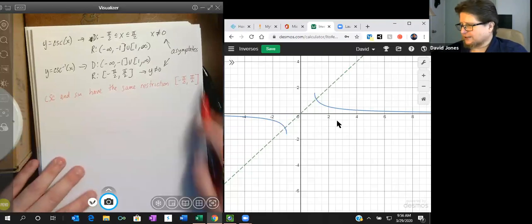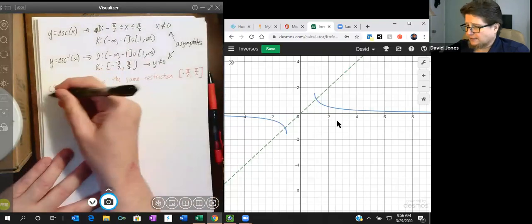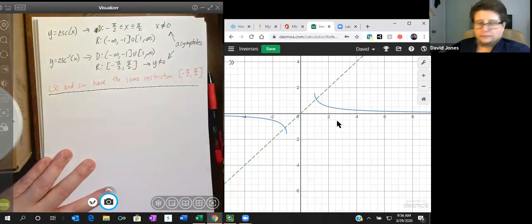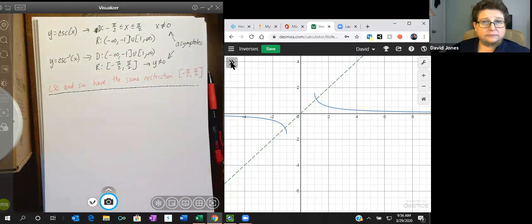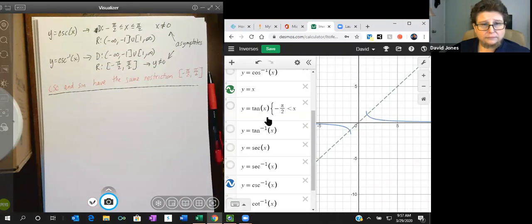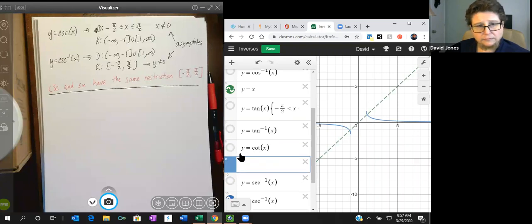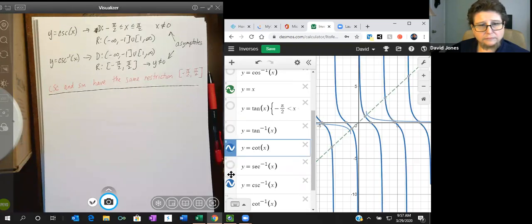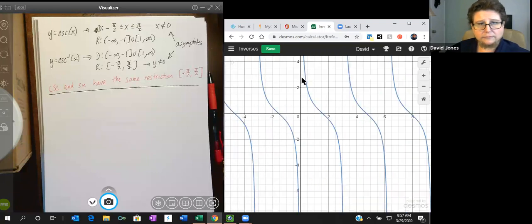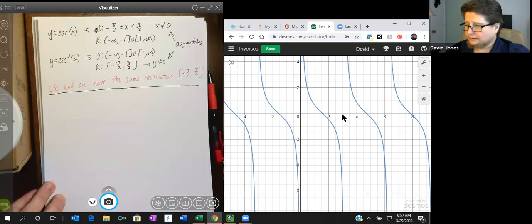And finally, let's take a look at cotangent. Cotangent goes from 0 to pi.